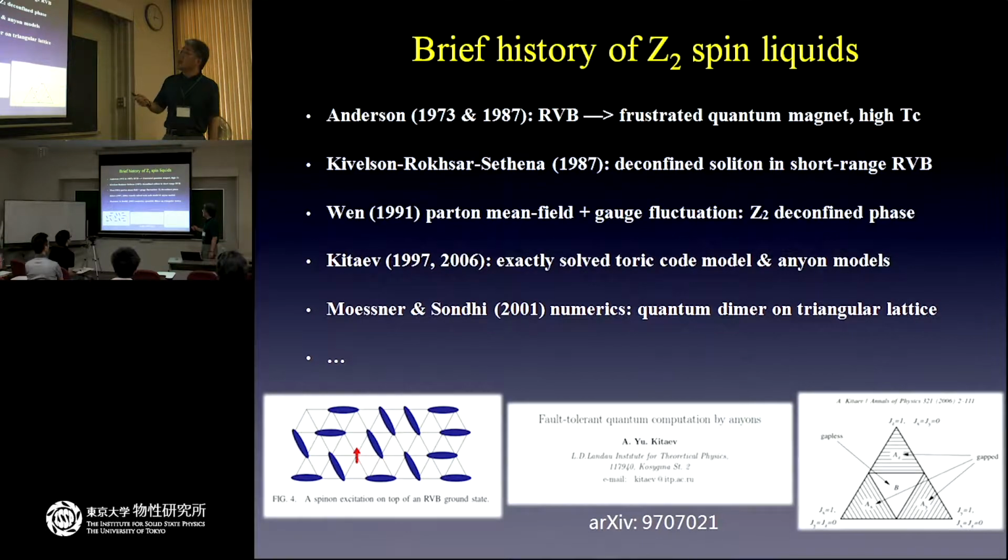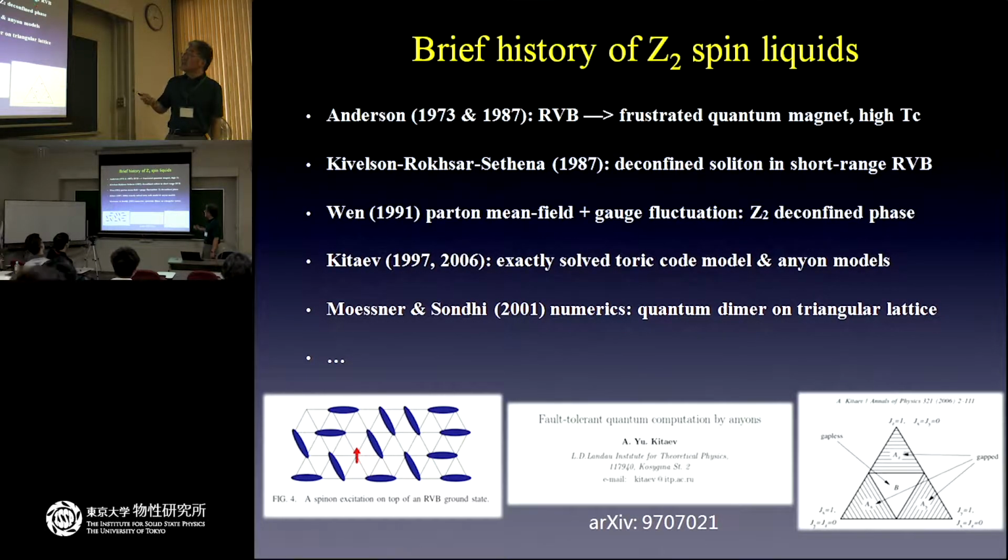After that, Kivelson, Rokhsar, and others proposed a quantum dimer model, and they found the deconfined soliton in short-range RVB states. And after that, Xiao-Gang Wen in 1991 used parton construction to write a mean field Hamiltonian plus gauge fluctuation, and then he gave a Z2 deconfined phase.